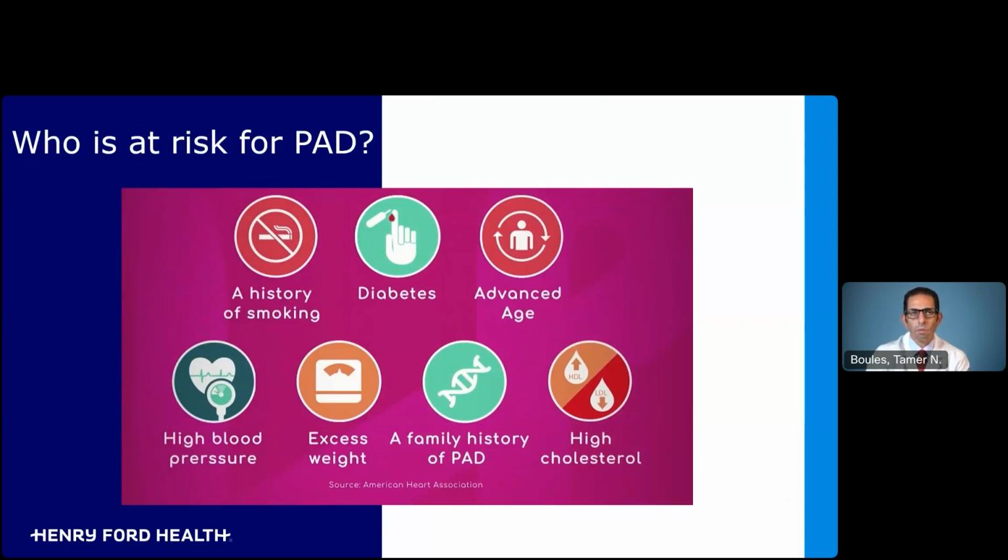And stopping smoking is one of the greatest interventions you can do to help reduce the rate at which peripheral arterial disease progresses. But there are other factors as well, including diabetes, high blood pressure, excess weight or obesity, and high cholesterol. And all of those things are modifiable or treatable with some good preventive care and sometimes medication.